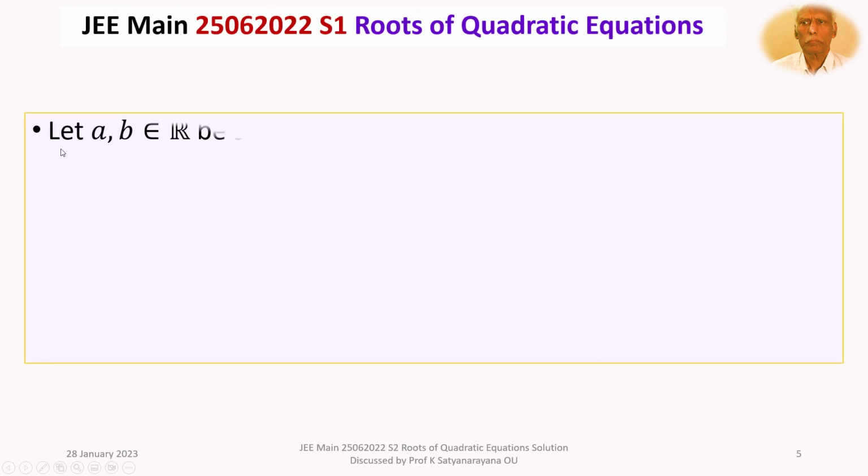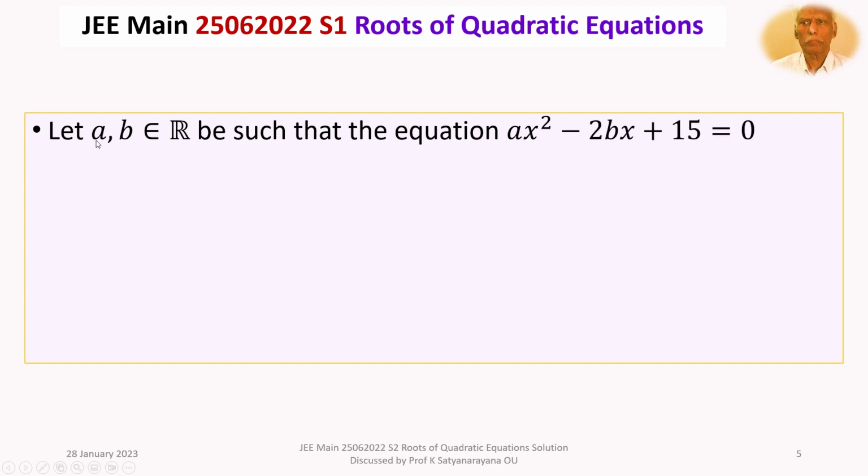The given question is, let a, b belong to R, the set of real numbers, such that the equation ax square minus 2bx plus 15 is equal to 0 has a repeated root alpha.